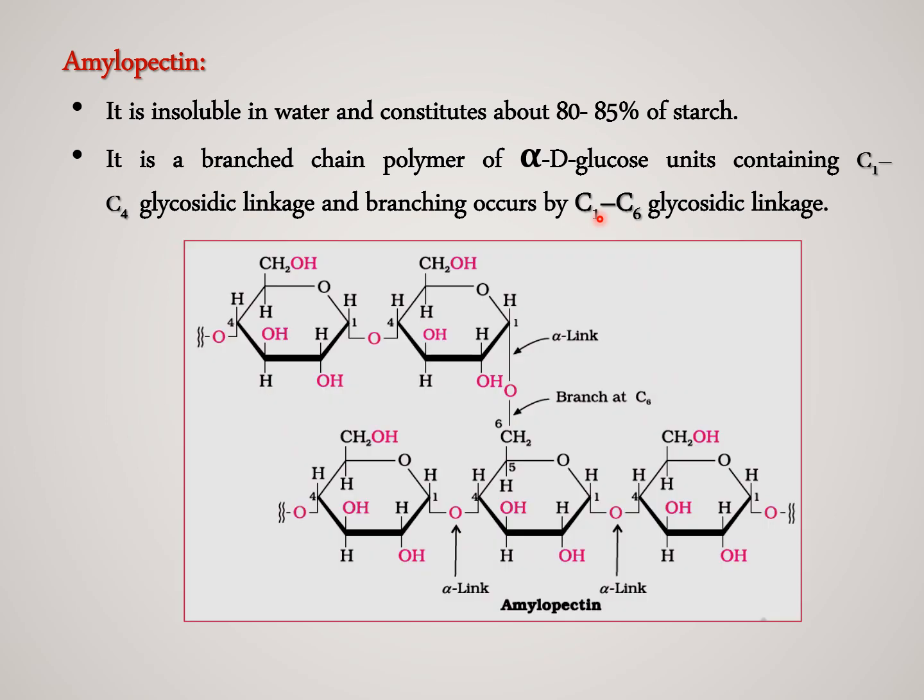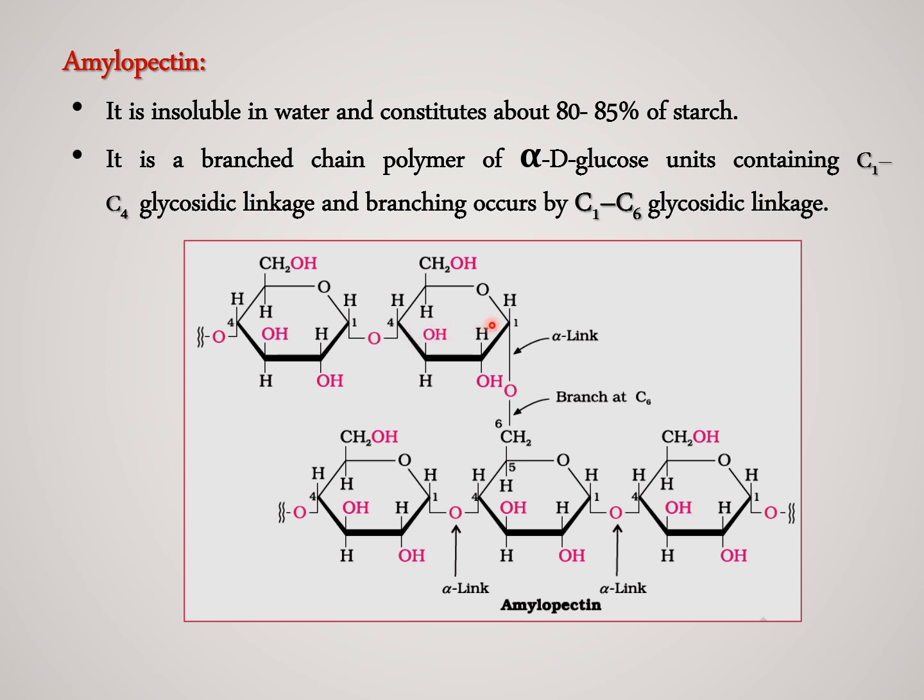It is observed in the case of amylopectin, this branching C1, C6 branching occurs at every 24 to 30 glucose molecules. So we can understand this structure is very similar to amylose.